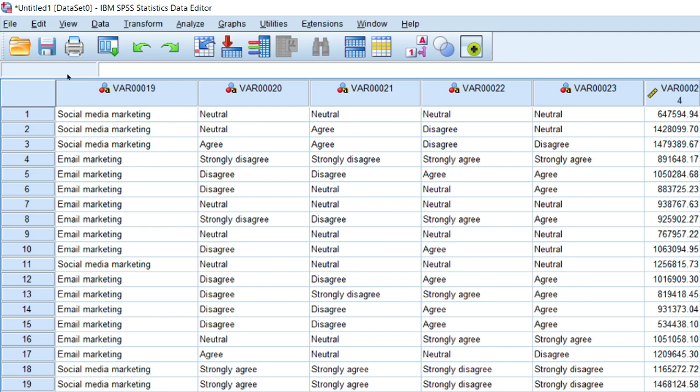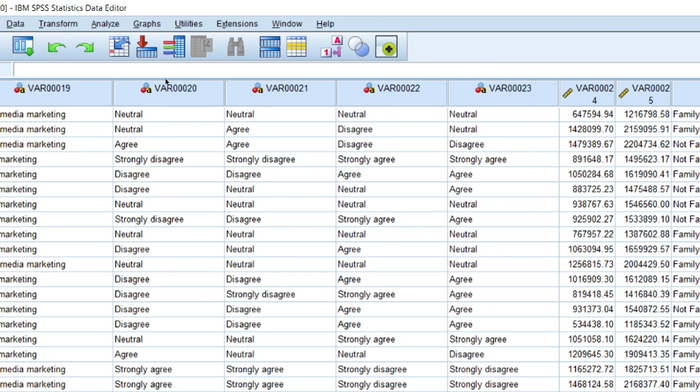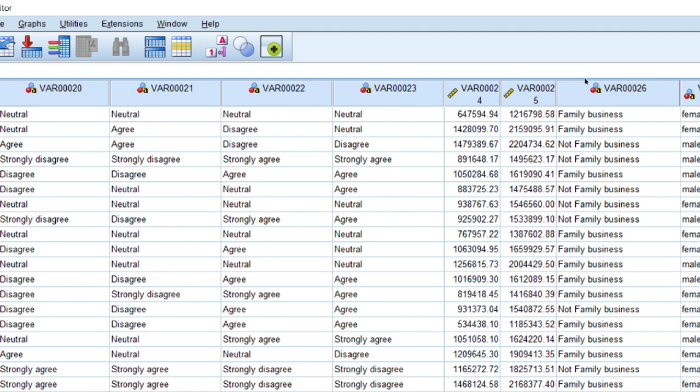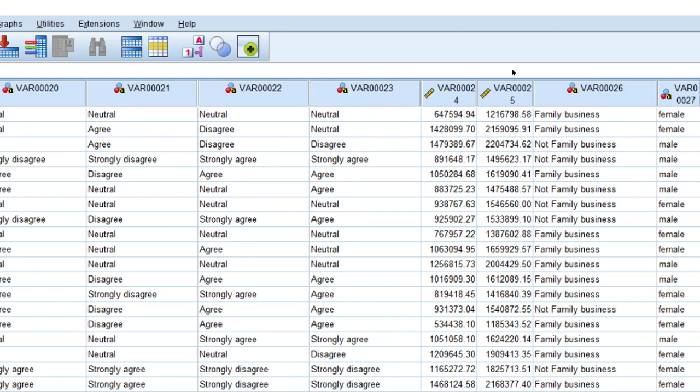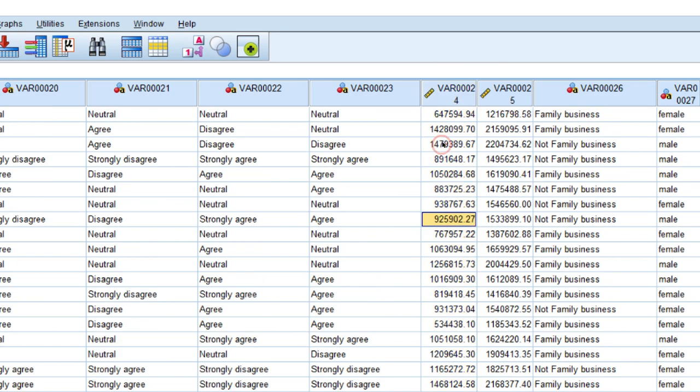You see here for the first variable, you have a small letter A. And if you look closely, for all the categorical variables or categorical questions, you will have this small letter A. But for variables like this one, where you will have numbers, so the data is numerical, you will not have this small letter A.